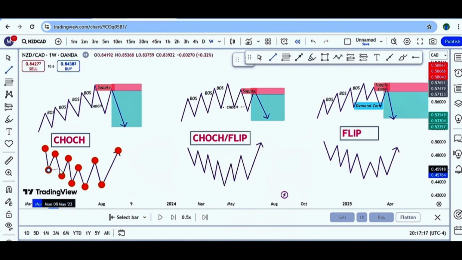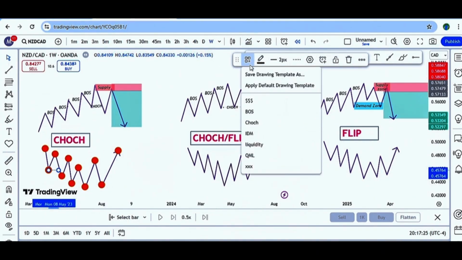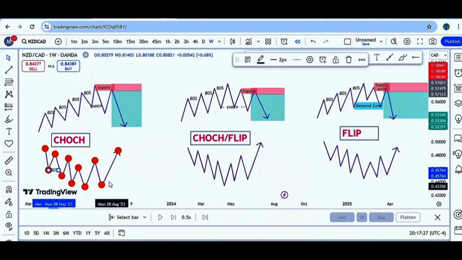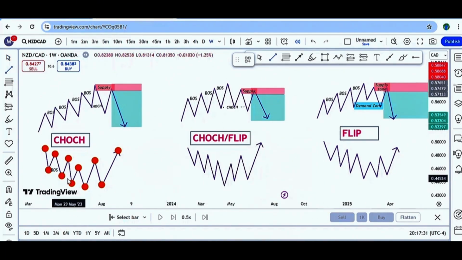Price was forming a break of structure to the downside. Another break of structure. Another break of structure.